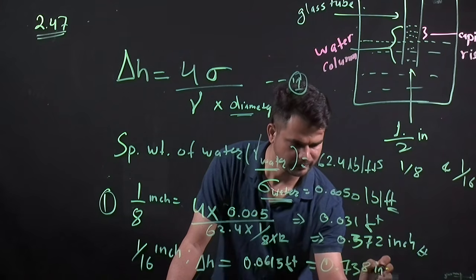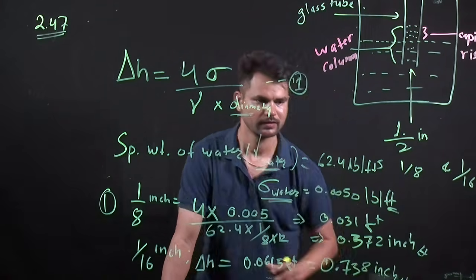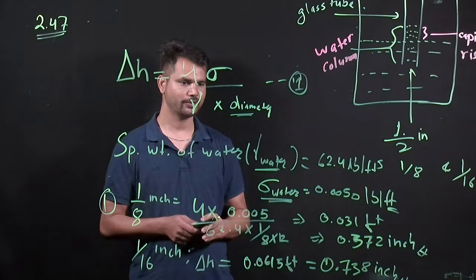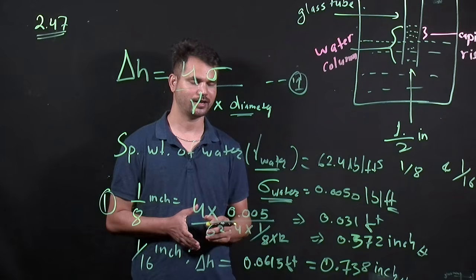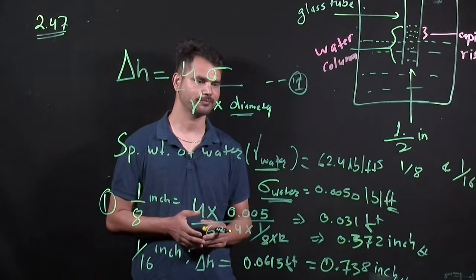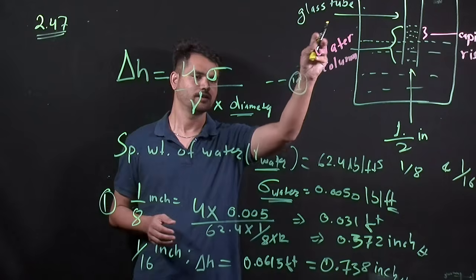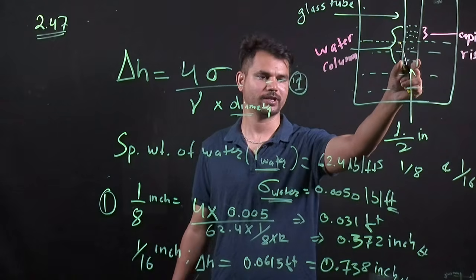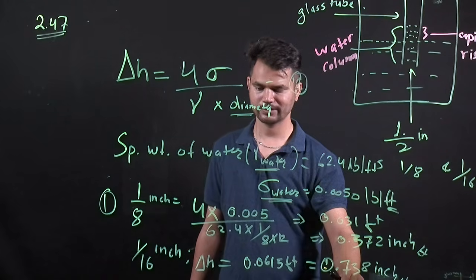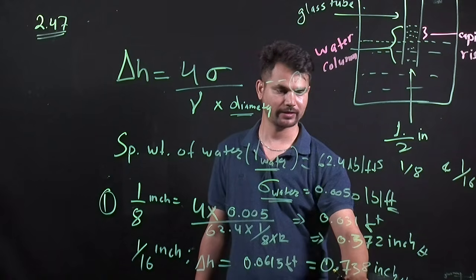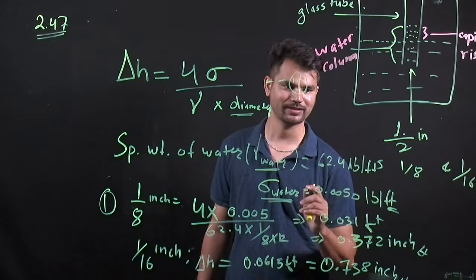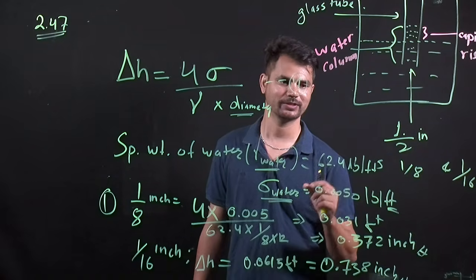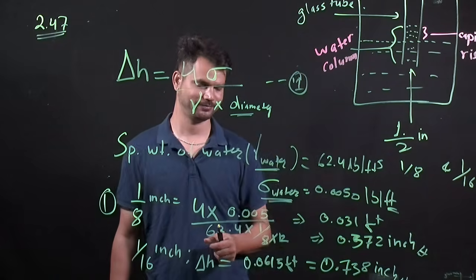One thing you may notice here is that when we decrease the diameter of this tube, the capillary rise is increasing. That's one of the things you need to take care about.